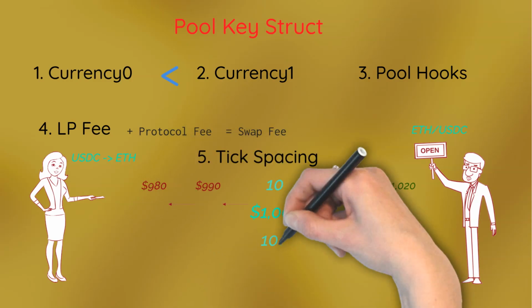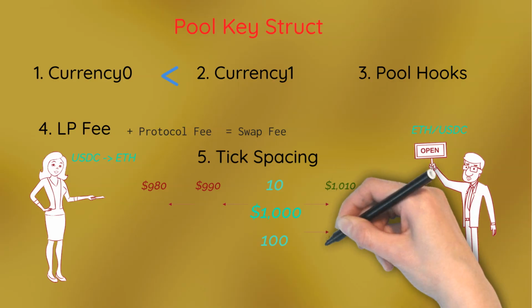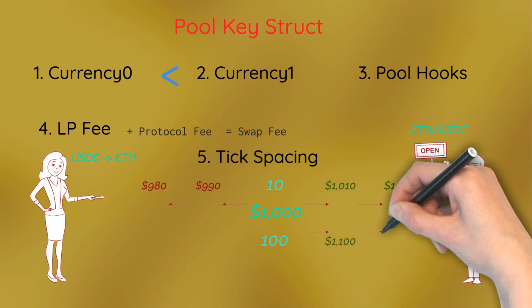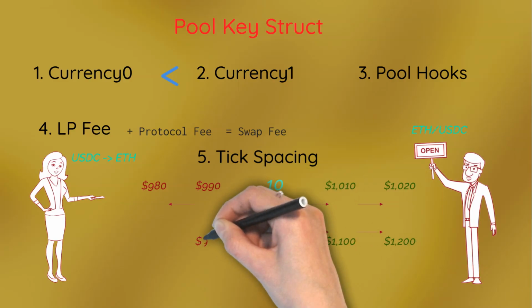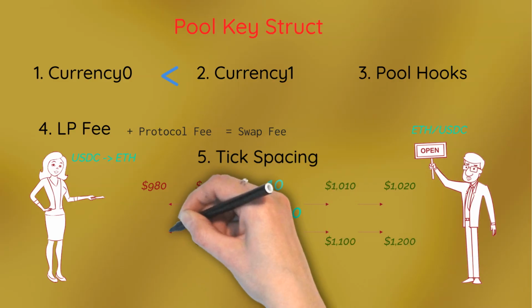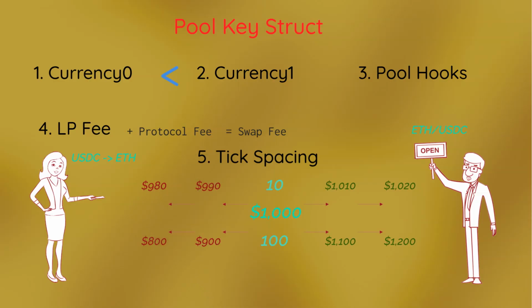If the tick spacing is 100, the price range moves in bigger jumps like 1100, 1200, or down to 900 and 800 and so on before the pool reacts. In both cases, the pool only earns fees when the current price is within the pool price range.